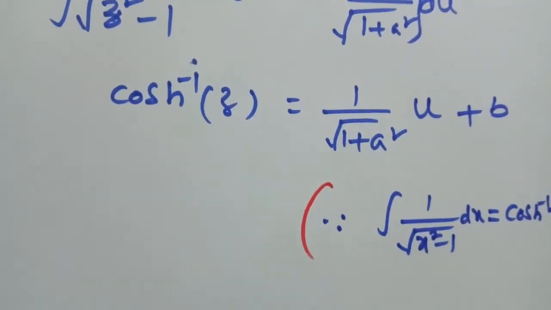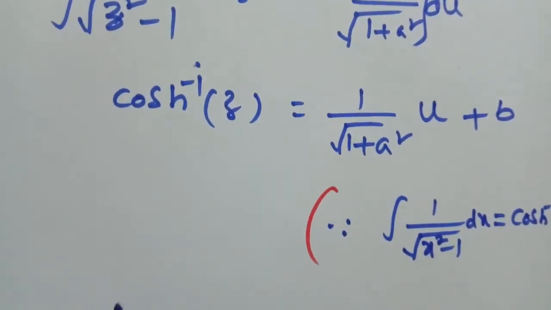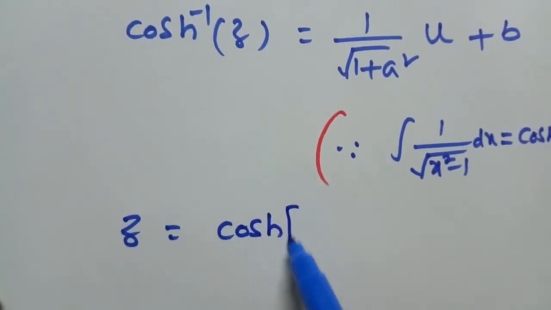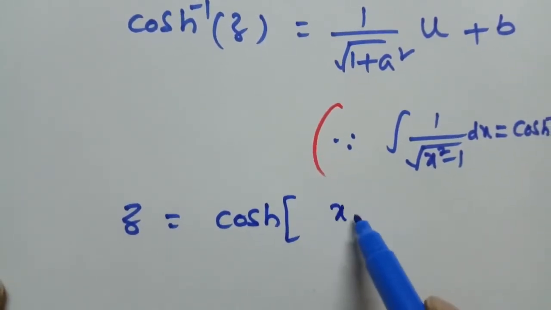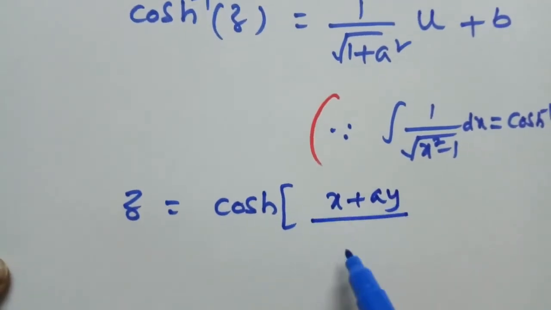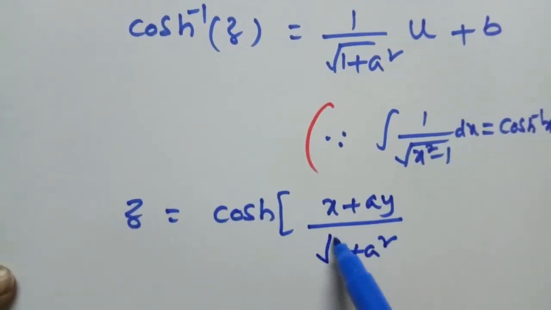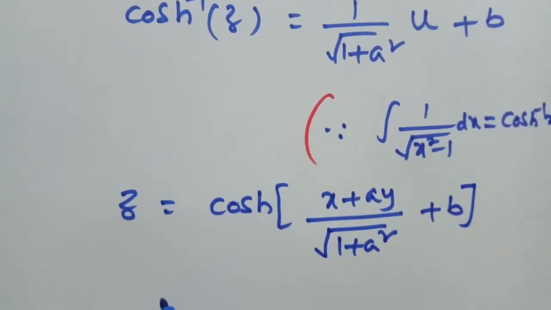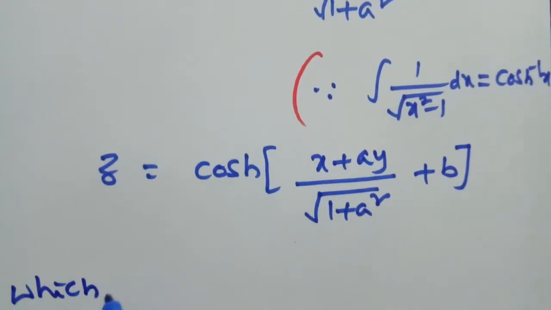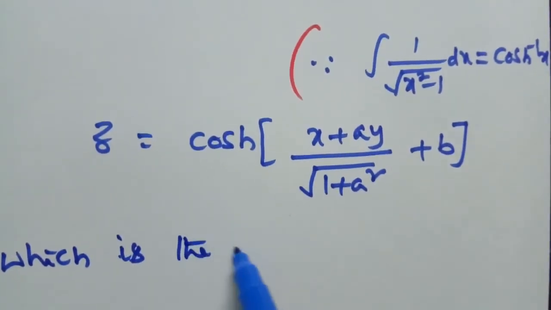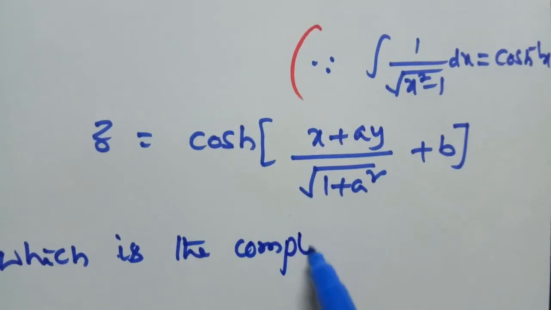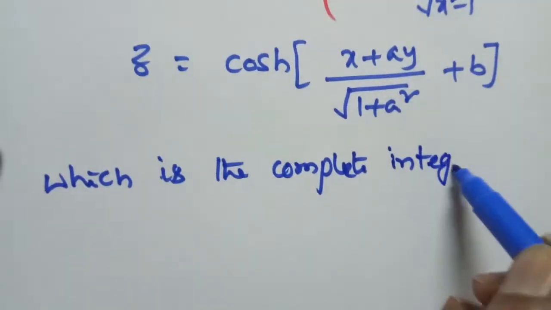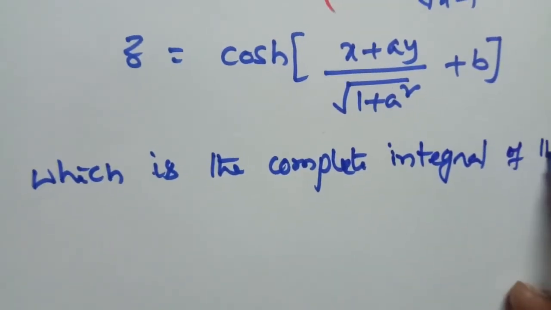Therefore, this can be written as z is equal to cos h of u, meaning x plus ay by root of 1 plus a square plus constant of integration, which is the complete integral of the given equation.